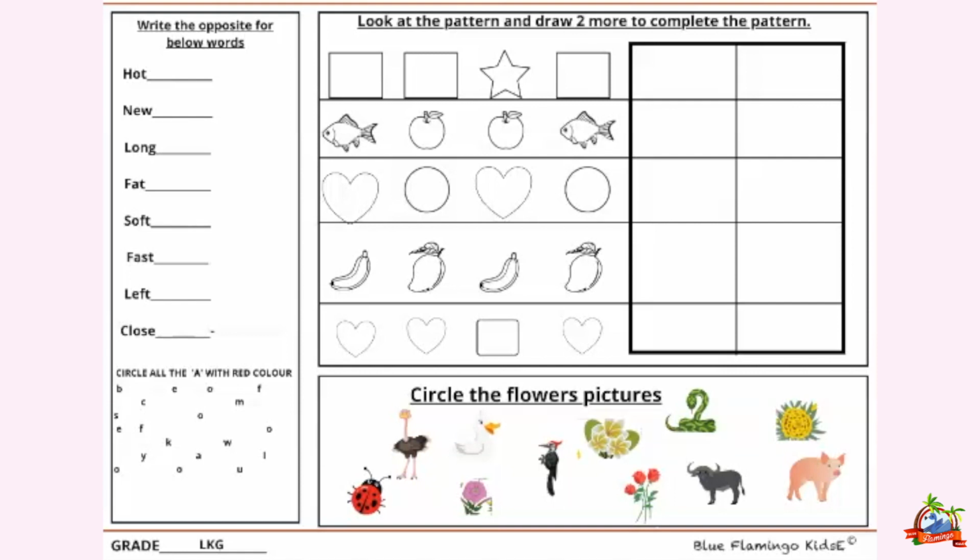You will learn them. Okay, rose, lotus, lily, marigold, jasmine. Repeat with me. Rose, lotus, lily, marigold, and the last one is jasmine.